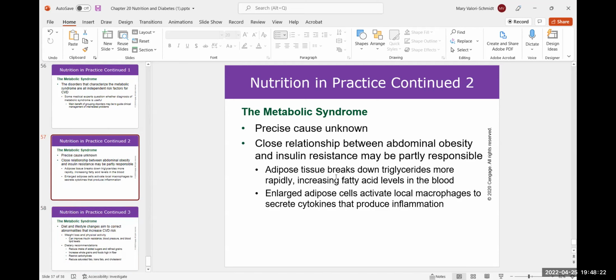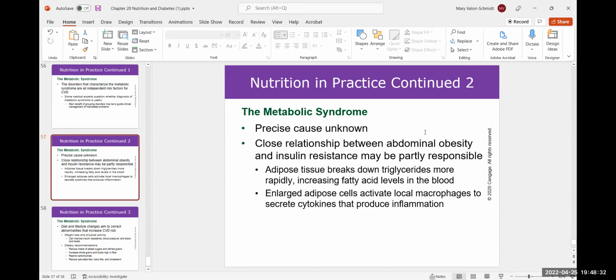We really don't know precisely why it happens, but there have been study after study trying to find a causal relationship between body type, so people that have abdominal fat, particularly abdominal obesity, and that usually brings with it insulin resistance, right? And we believe that there is a relationship there between that and metabolic syndrome, which, there's probably some truth to it. They've been studying that for many years.